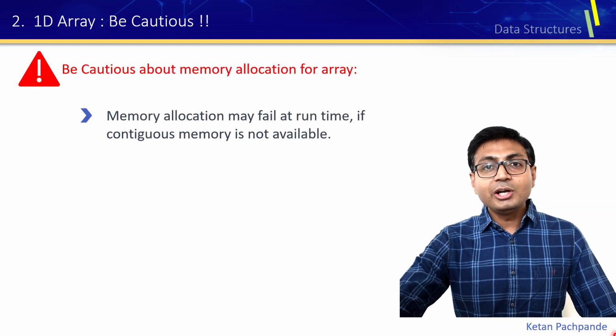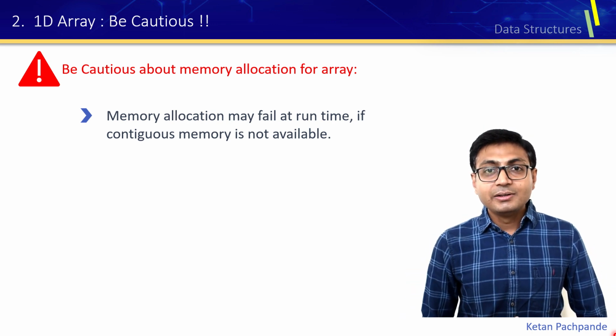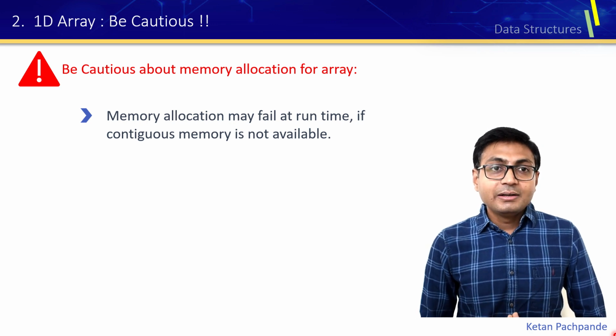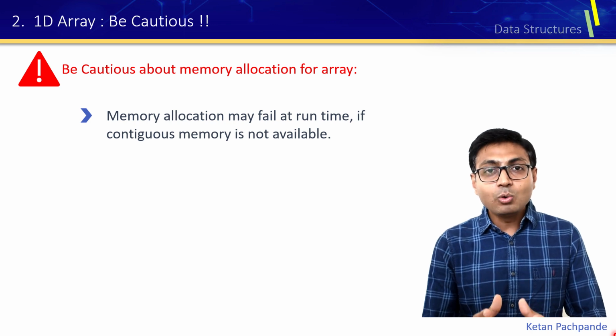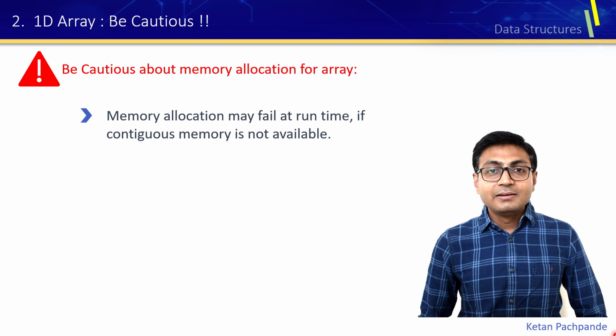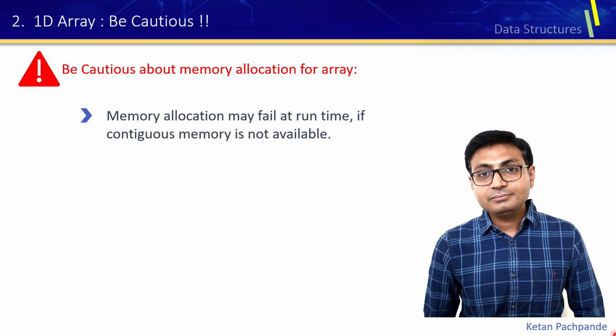The second precaution you have to take is, while defining the array size, you have to think that if the total contiguous memory required for the allocation of the array is not available, the memory allocation is going to fail. Alright.